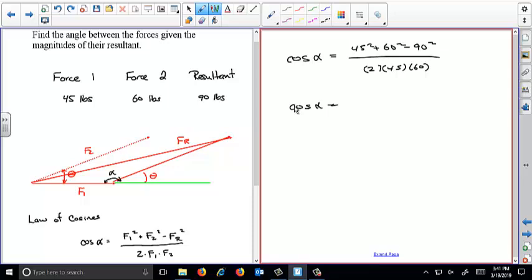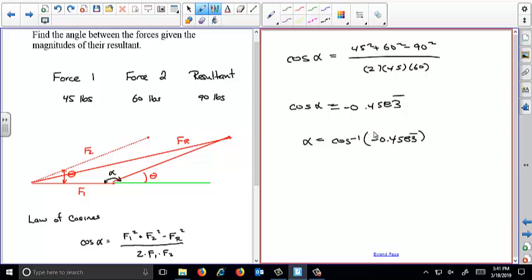Then divide by those three terms and you get negative 0.4583. So alpha is the inverse cosine of negative 0.4583.